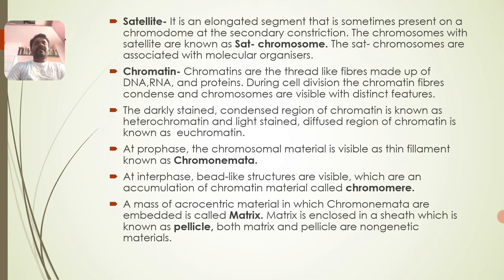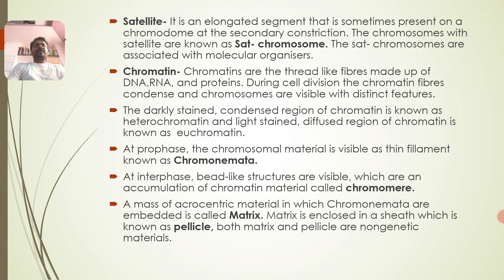What is chromonemata? During prophase, the chromosomal material is visible as a thin filament, called chromonemata. At the interphase stage, bead-like or knot-like structures are visible, which are accumulations of chromatin material, called chromomeres. These are the smaller parts present along the chromosome.